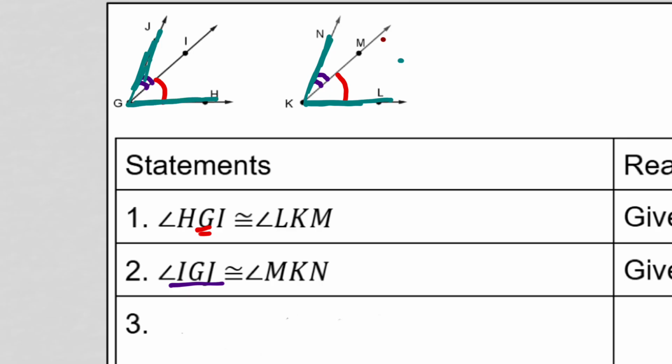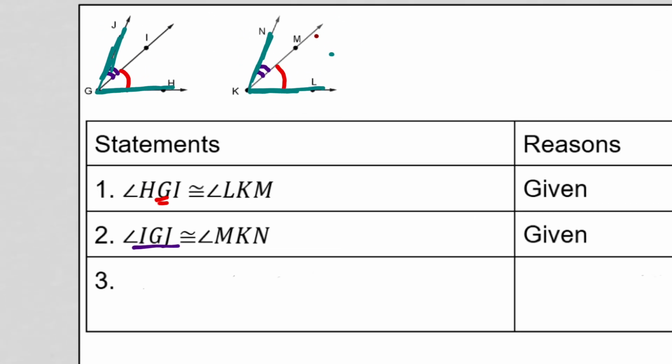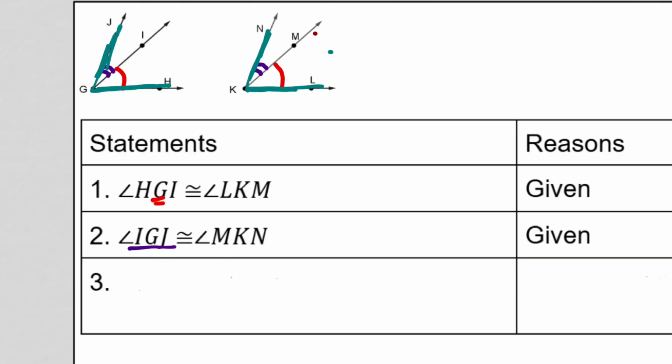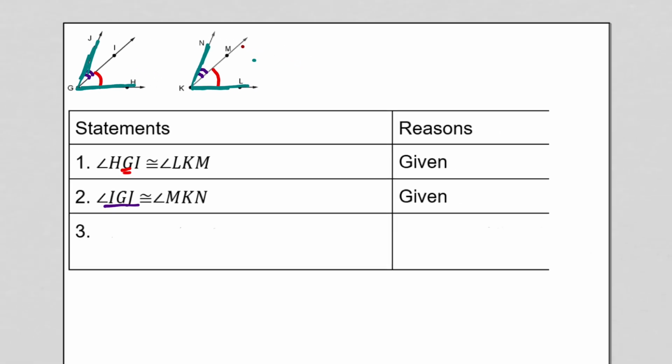I'm drawing this in as the goal is to prove that. We haven't actually proved it, so I shouldn't be writing it in just yet. In fact, let me get rid of those. You only make those markings once we've actually done the proof. So for this one, we are going to use the addition postulate again, or the addition property.